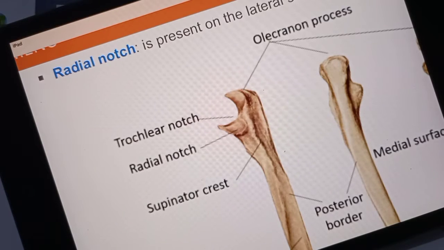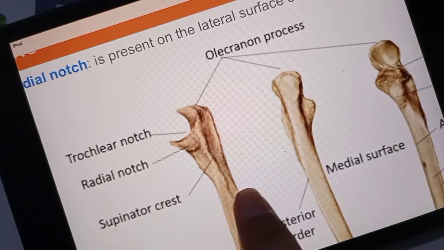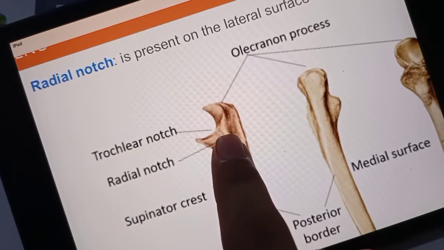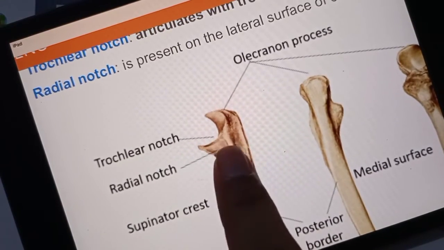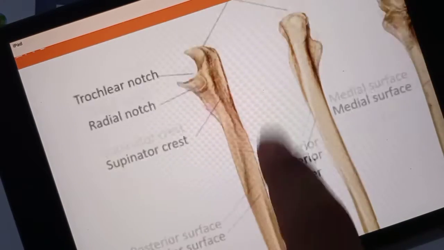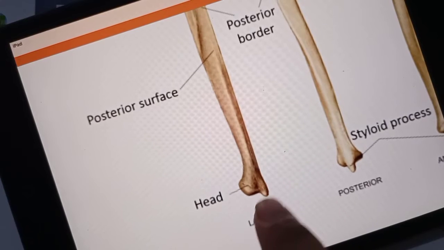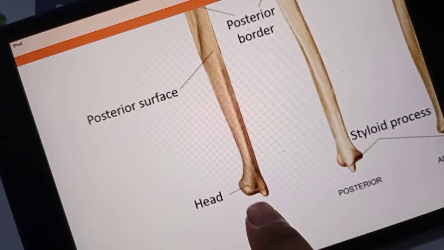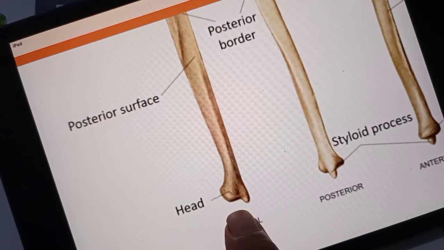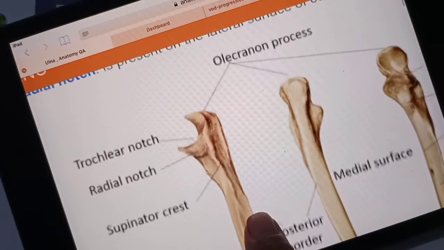First of all, we should know the articulation of the ulna. The proximal side of ulna is in articulation with the humerus, and the distal end, which is called the head of ulna, articulates sidewise with the radius and carpal bones.